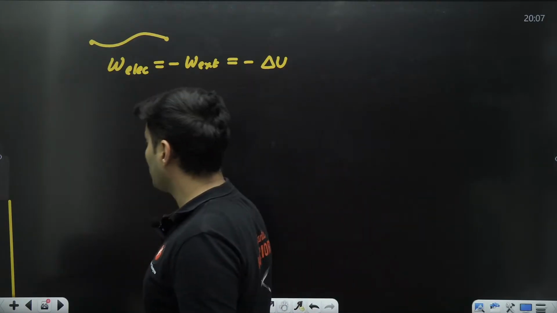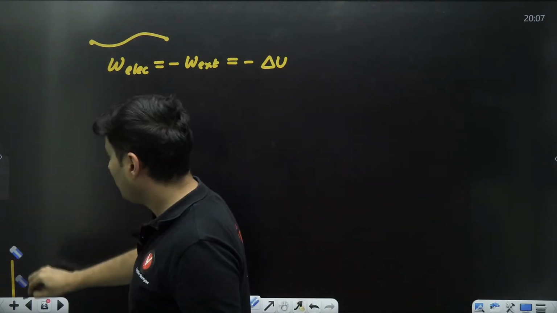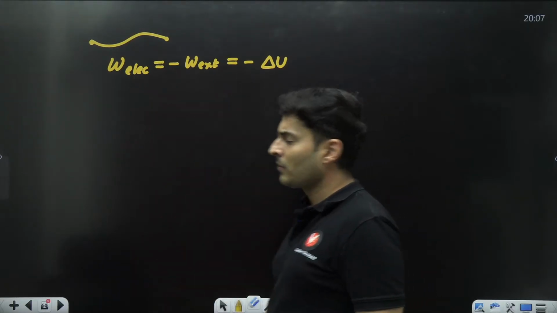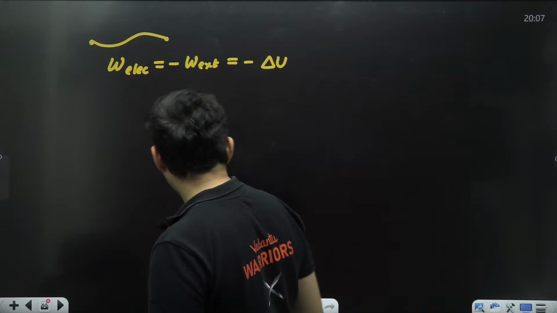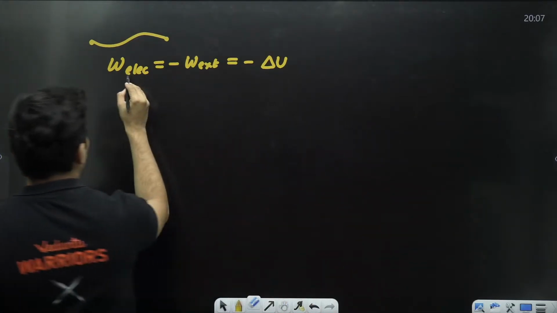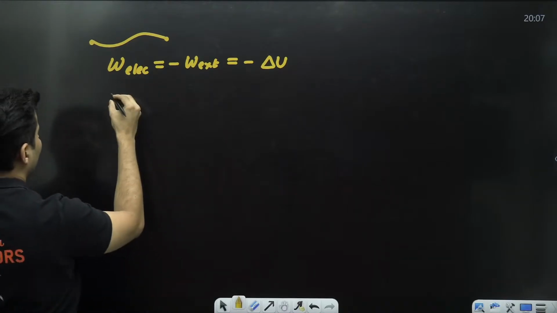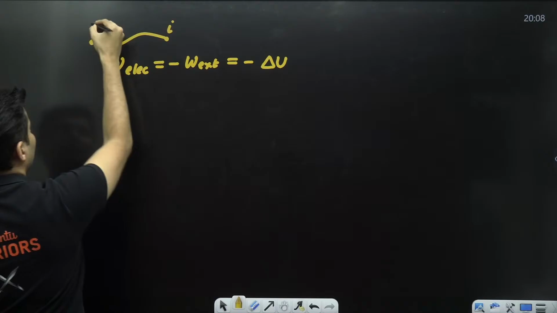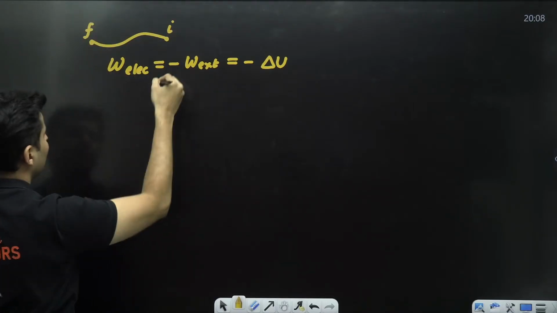This is not just true for electricity, but it is also true for spring, gravity, etc. This always holds true in general. Now I'll just look at this and look at this. Work done, this is from one point to another point, which are separated by a good amount of distance.